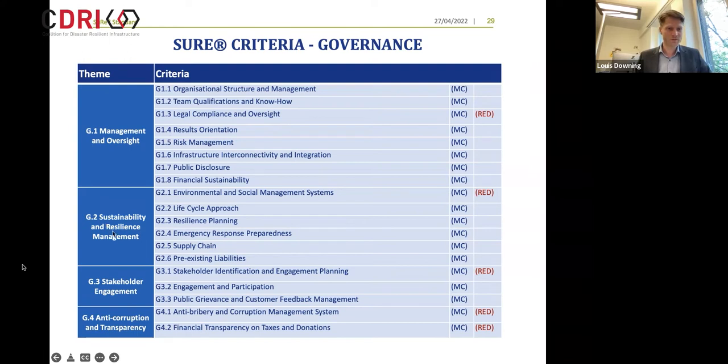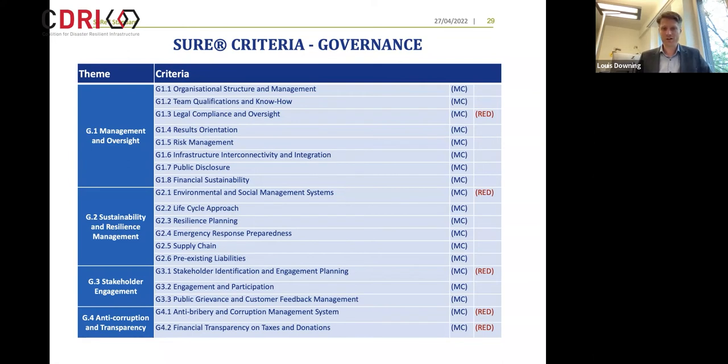In resilience, so sustainability and resilience management. So then specifically, how do we manage sustainability and resilience within the project? So looking at what's the environmental and social management system that's in place, and what are the requirements within that? Are we taking a life cycle approach to the project? How are we planning for resilience? Not only technically, but also financially.